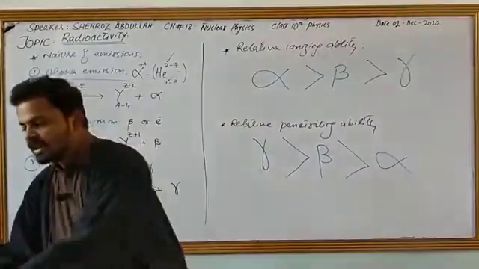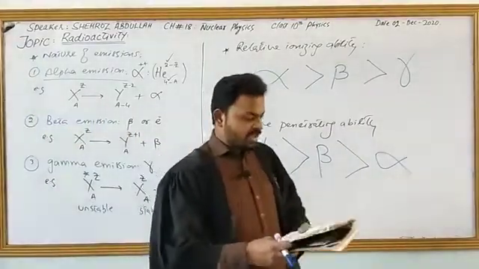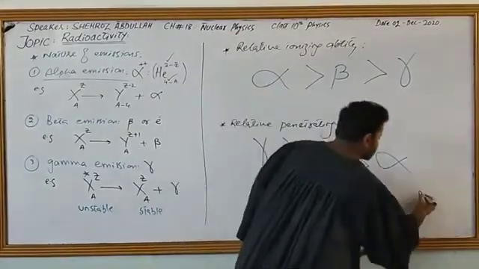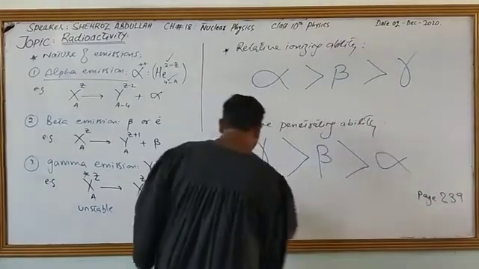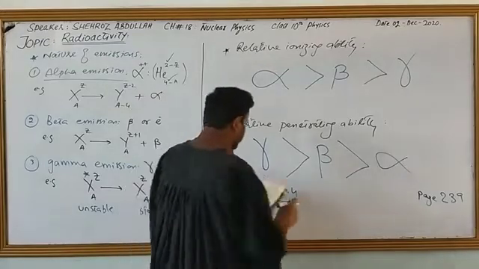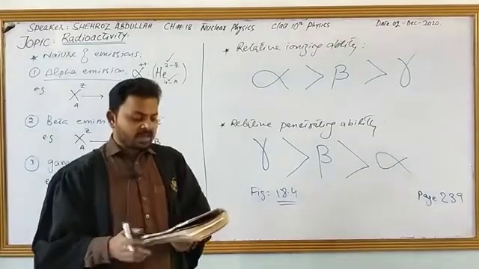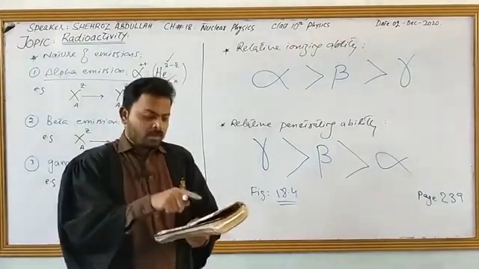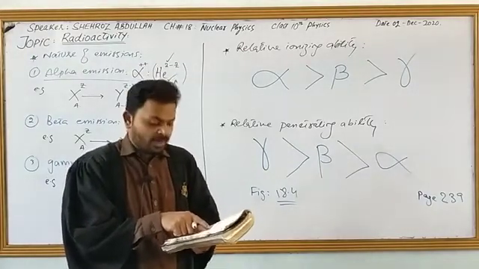If we see the diagram, figure 18.4, page number 239, it's very clearly shown there that alpha cannot even pass through a paper, while beta can pass through a paper but cannot pass through the aluminium foil.